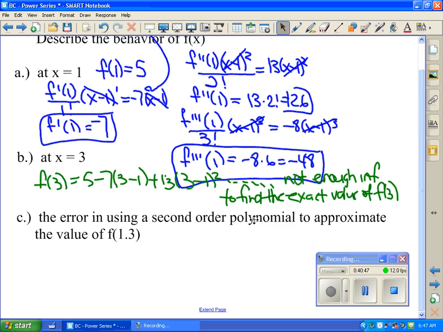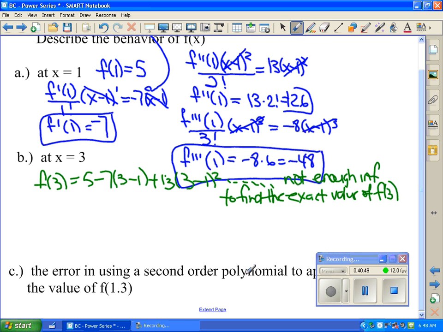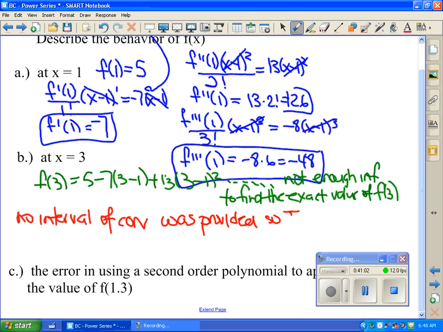And in fact, I can even go one more step than that. I could say no interval of convergence was provided, so I can't tell if the series converges at x equals 3.